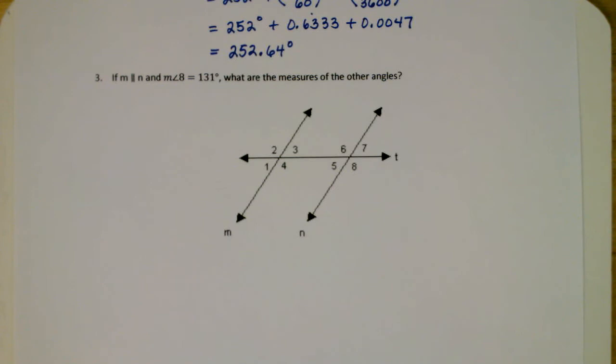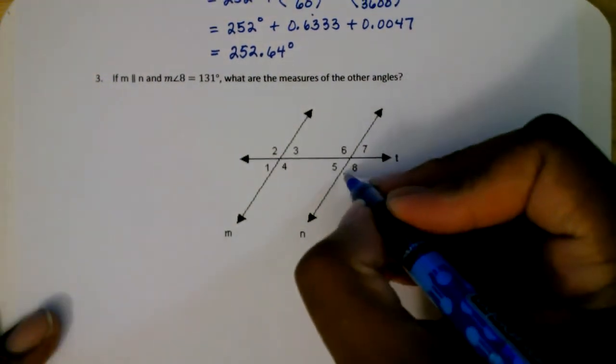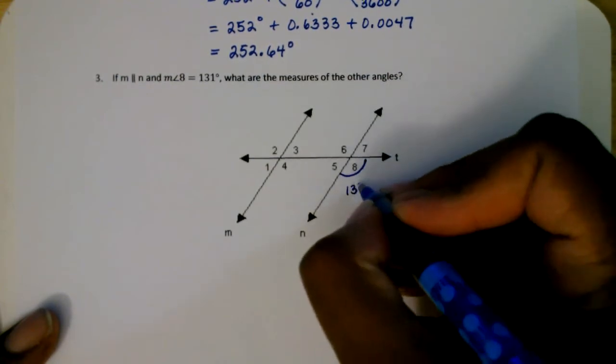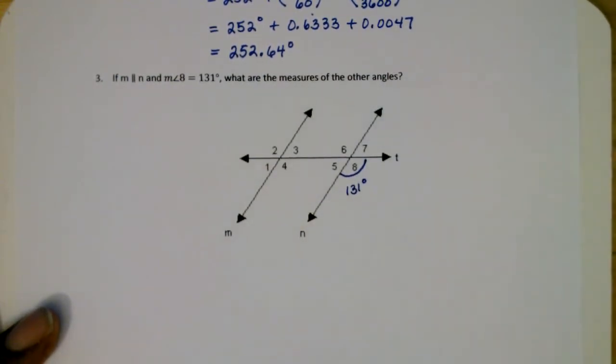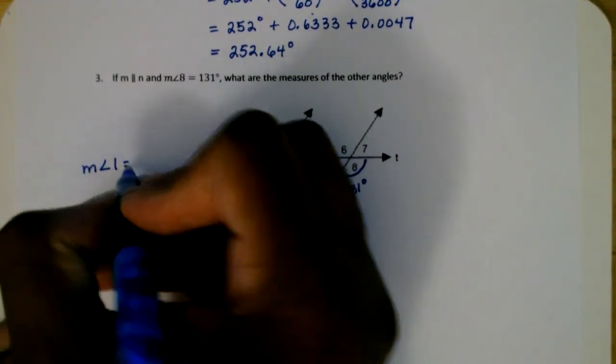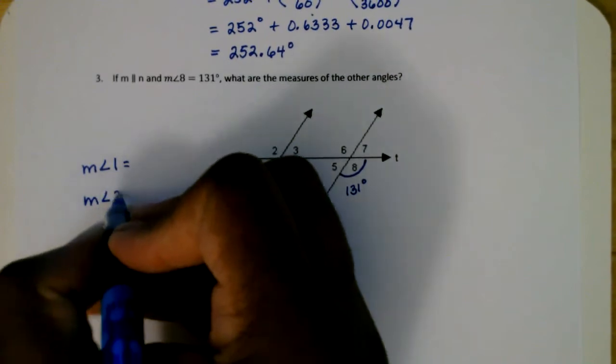And finally, number 3: if M is parallel to N, and the measure of angle 8 is equal to 131 degrees, what are the measures of the other angles here? Okay, so here's angle 8, and the measure of that is 131 degrees. That means I need to find the measures of the remaining 7 angles.